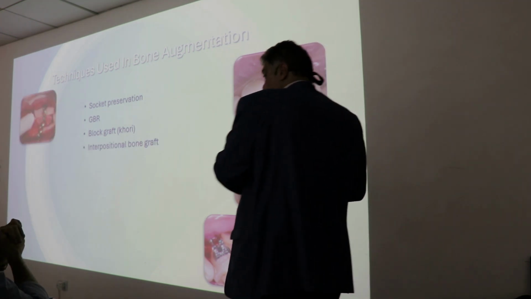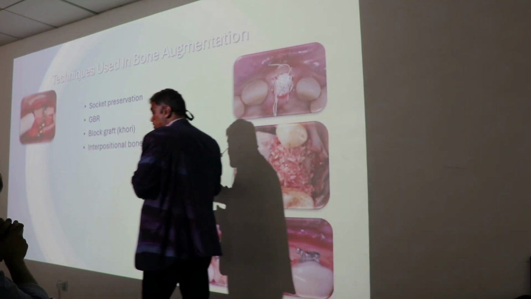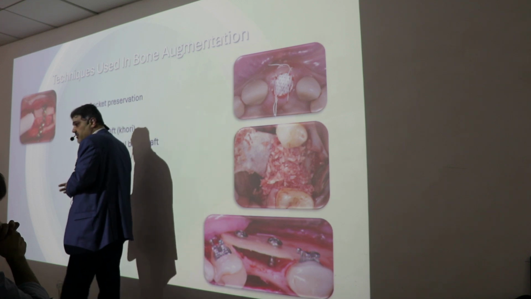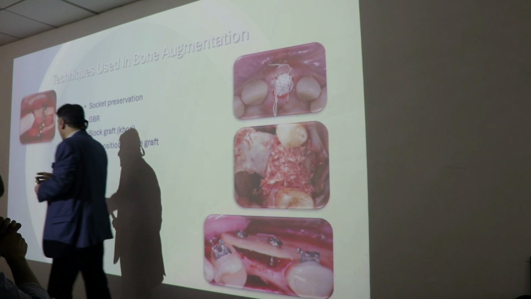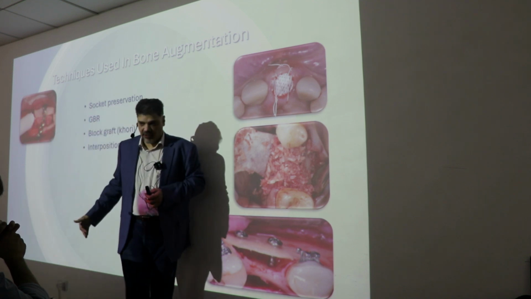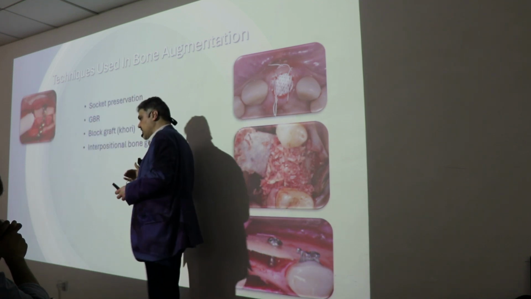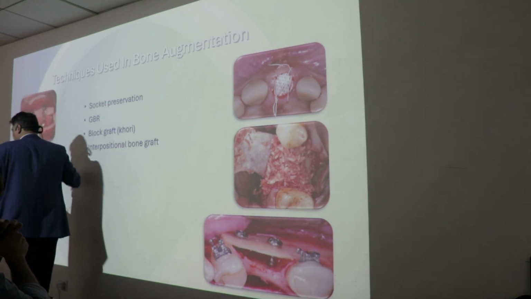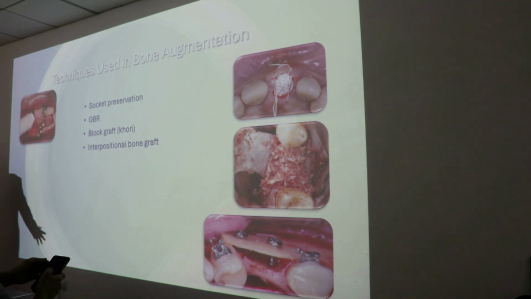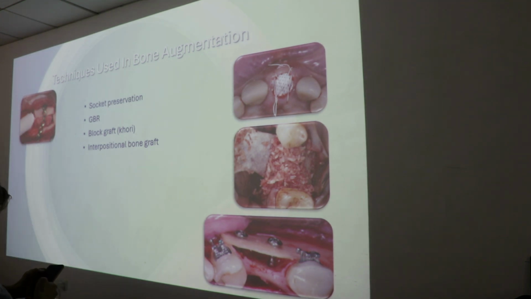The fourth technique is used in case of class 2C. What was class 2C? Vertical, which is more predictable in this way. It has high predictability, and it includes the interpositional bone graft, or sandwich technique, its nickname.